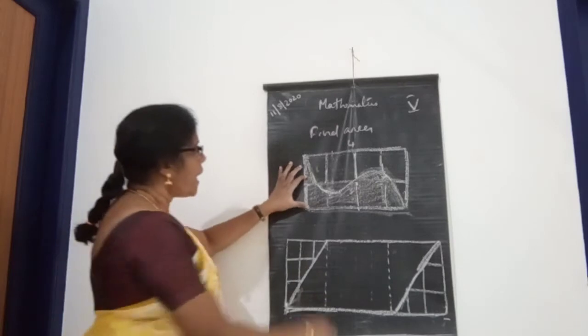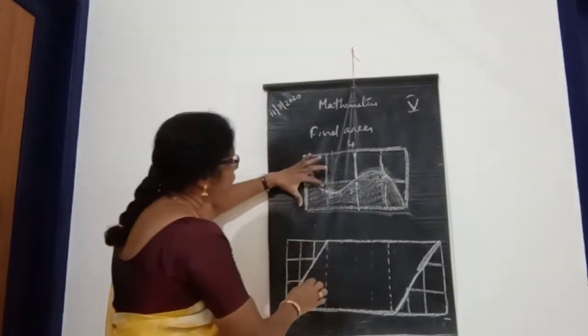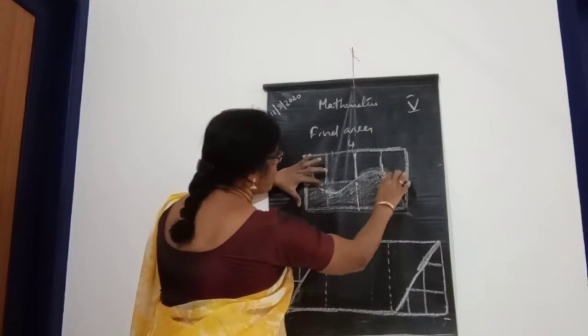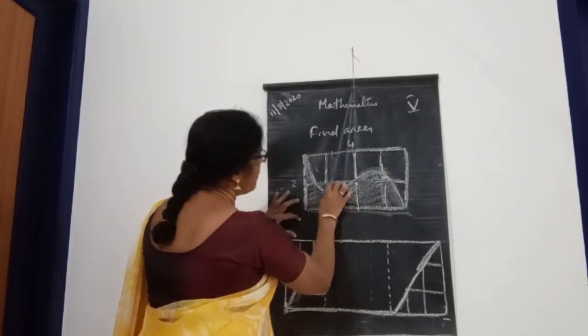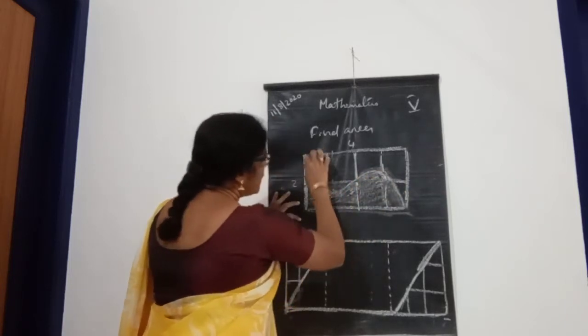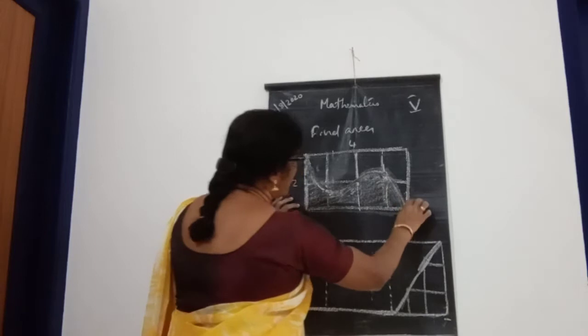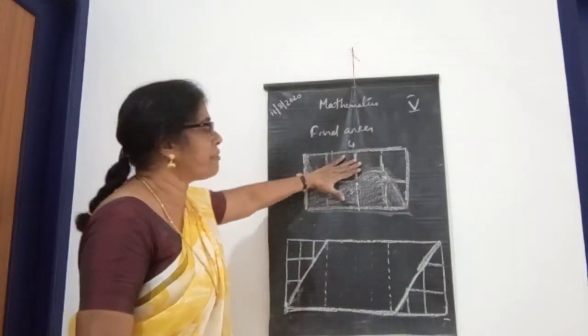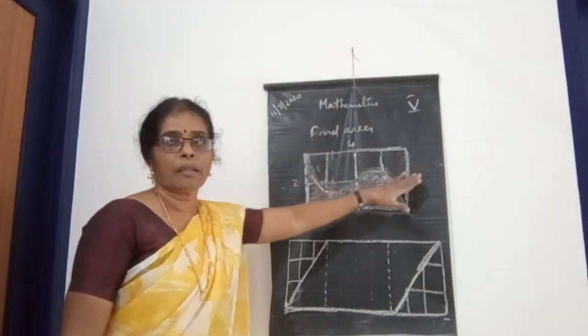So that is one square. And here some may be removed, we can take it from here. Okay, this shaded portion. And here some is blank, take it from here. So the area of this figure, this shaded portion, is half of this rectangle.